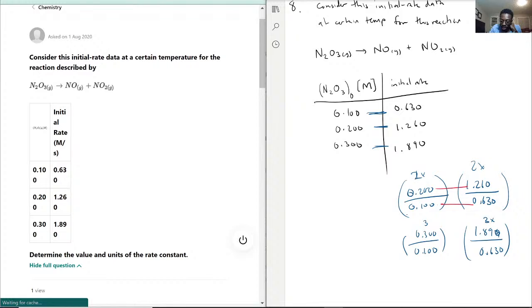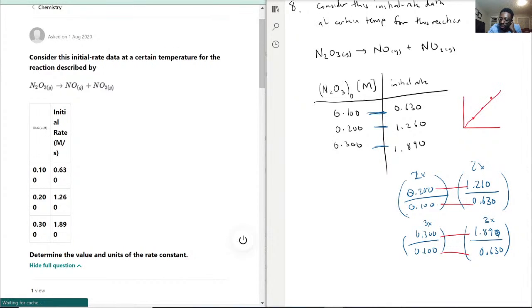Oops, 2 times here. 3 times there's the relationship here. So with that being said, now if you drew a pseudo graph, it will kind of look like this: 1, and then when it was doubled, 2, and was tripled from the 1, 3, and you have kind of a straight line. Oops, let me just draw like that.